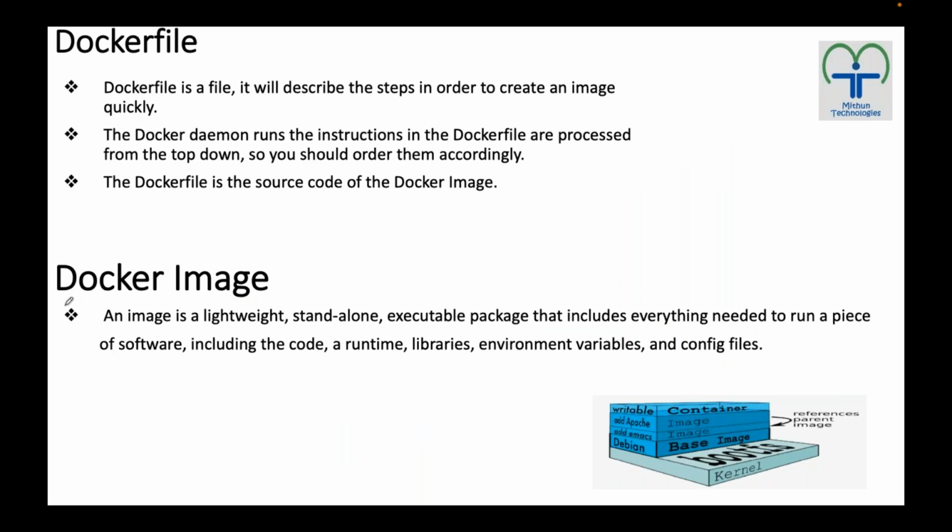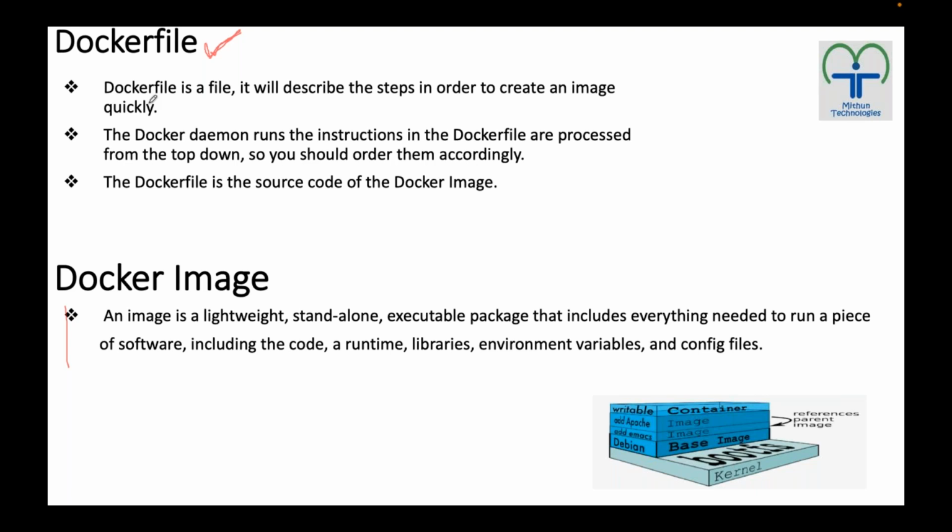So this is a Docker image. Now, how can I create a Docker image? That Docker image can be created with the help of a Dockerfile. Just to make it simple, you are creating a jar file, war file using Maven.